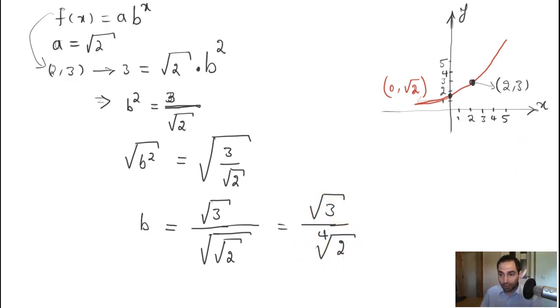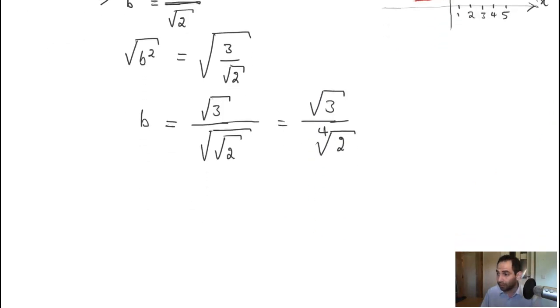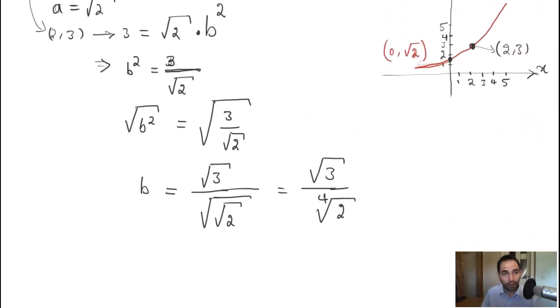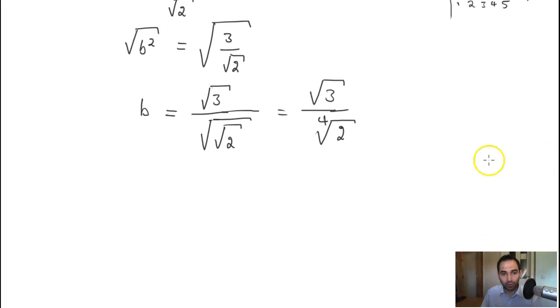So I guess, if I'm not wrong, I can write this as: a is the square root of 2.